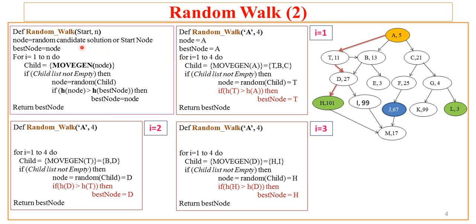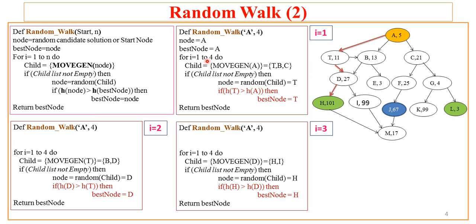Now here, to the random walk, the initial starting point is a start node which is specified here as node A, and the number of iterations is 4. So the initial point is A, and that initial point will be considered as the best node seen so far.